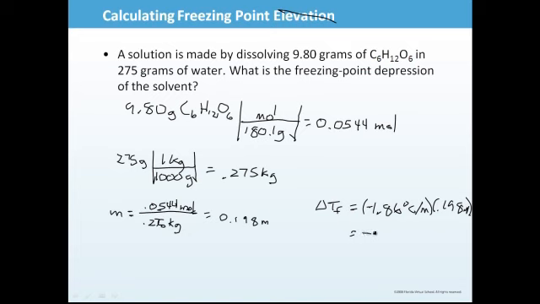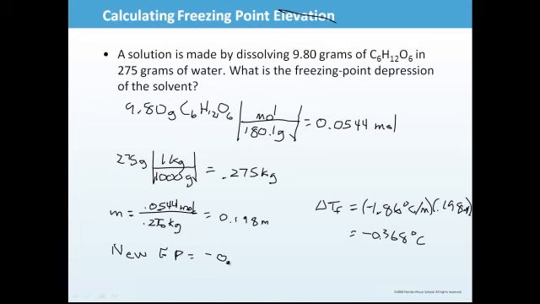Alright, and we end up with negative 0.368 degrees Celsius. Now, if they asked us for the new freezing point, because that could be a possible way to word this question, again, we're just subtracting it from 0. So obviously 0 minus 0.368 is still going to be the same thing.